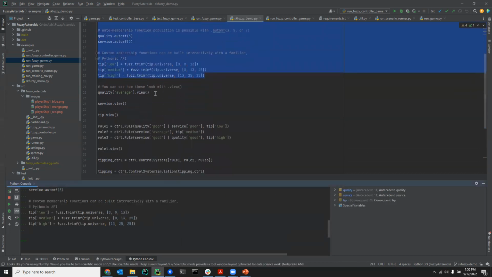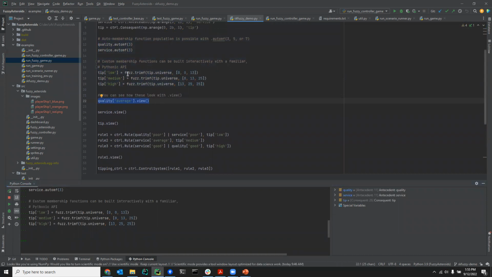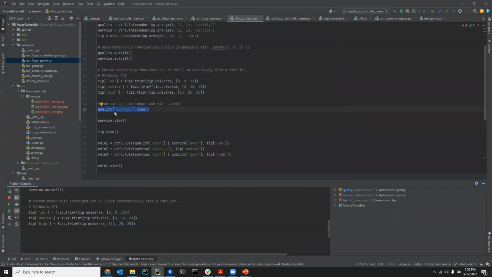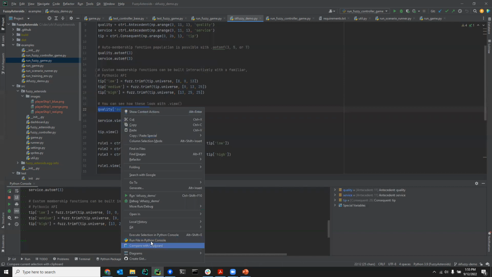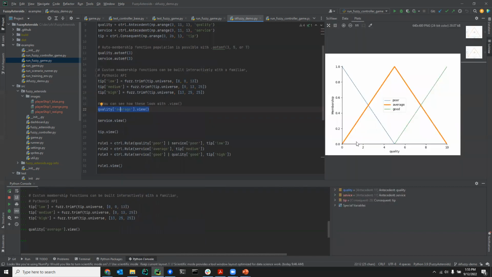We can then take a look at the average, which, by the way, the automatic membership functions that it makes for quality and service are, I believe, poor, average, and high, if I remember correctly. But let's take a look at this. This is the quality input, and this is the average membership function being highlighted here. We can also see the poor membership function and the good membership function.